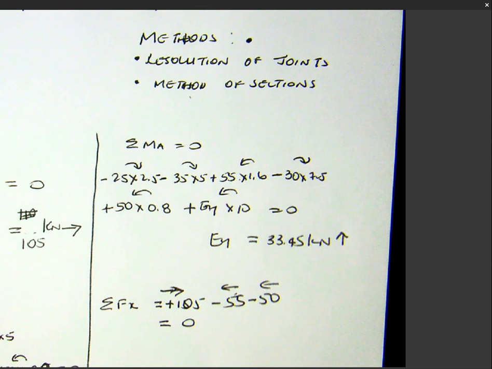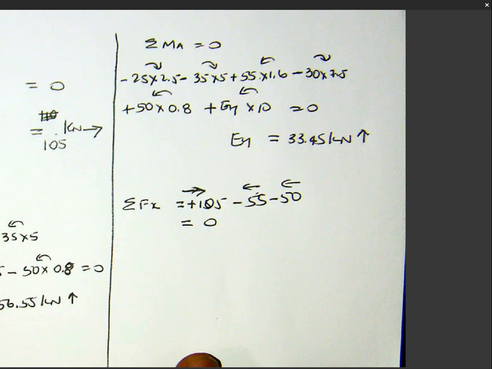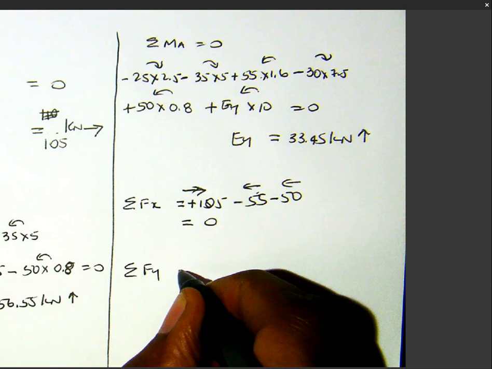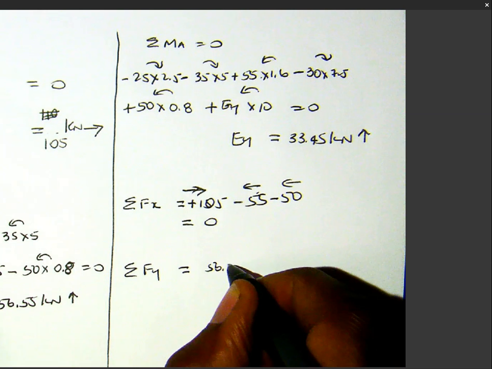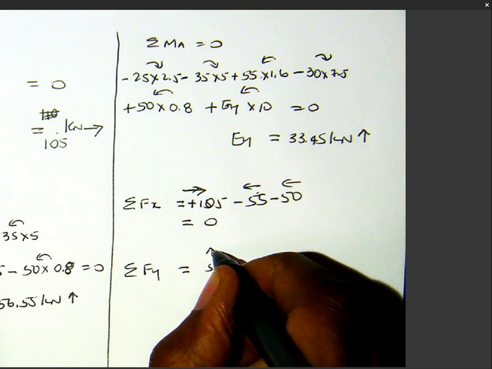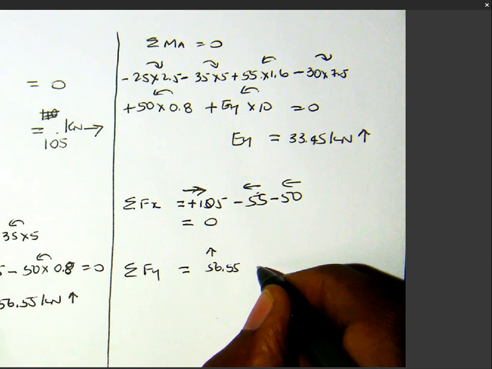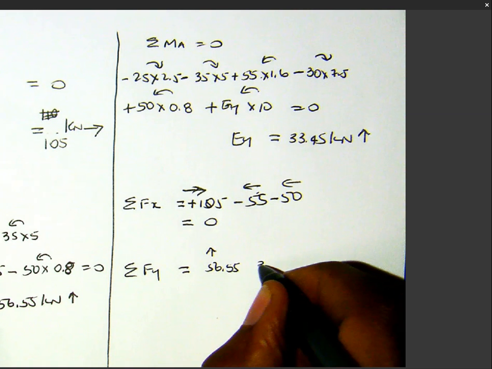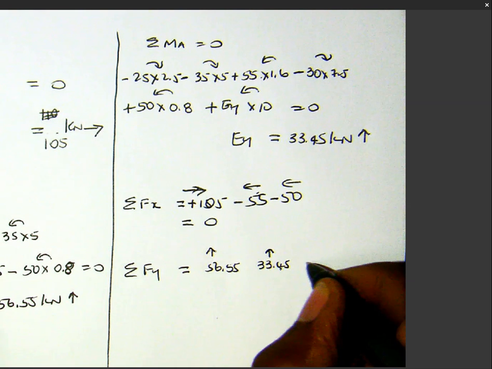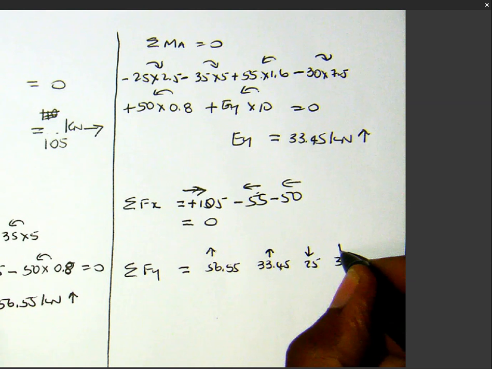Then I go to my sum of forces in the y direction equals to. I've got a vertical reaction of 56.55 going up. I've got another vertical reaction, which is EY, that is 33.45 going up. I've got 25, which is the load from the structure, going down. I've got 35 going down, and I've got 30 going down.